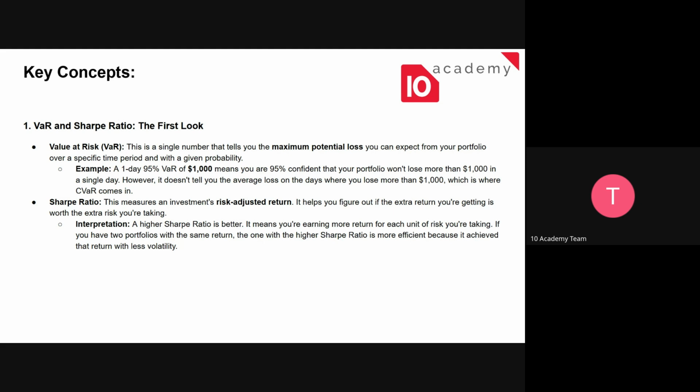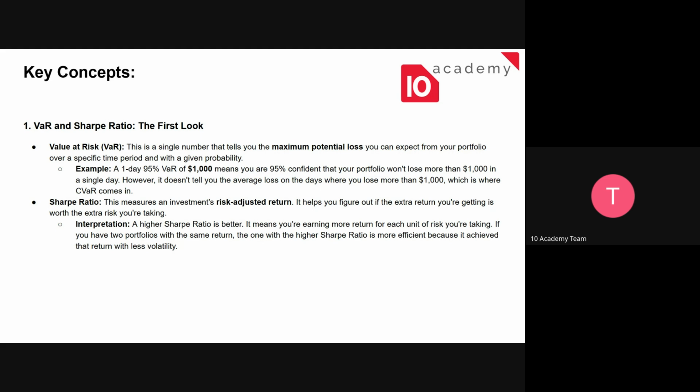Okay, so 1 day, 95%, value at risk is $1,000. So we are very sure that the maximum we can lose is $1,000 per day. That's going to be the maximum. But it doesn't tell you about the other days where you lose more than 1,000, which is where the conditional VAR comes in.